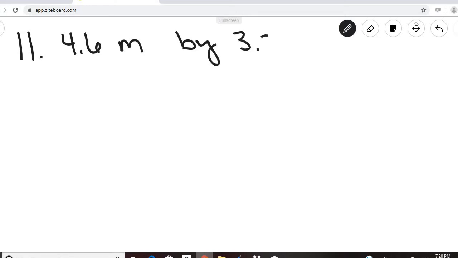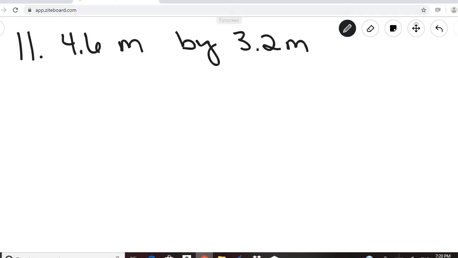Okay, then the next question we will do is number 11, because 8, 9, and 10 are not mathematical problems. A carpet layer measures a room, and the room is 4.6 meters long by 3.2 meters wide.